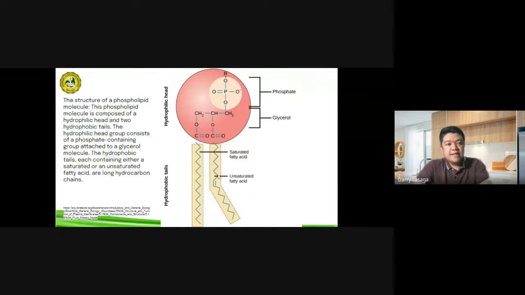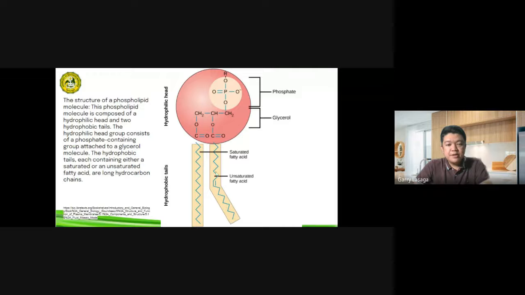When we say unsaturated, it is composed of a double bond or double bonds. So when there are more double bonds, it would render the molecule weaker as compared to a molecule having fewer double bonds.